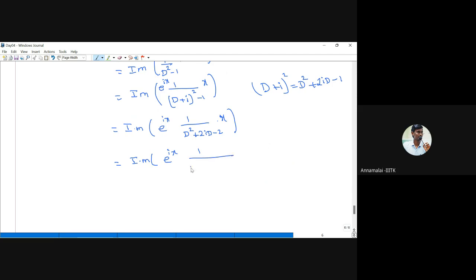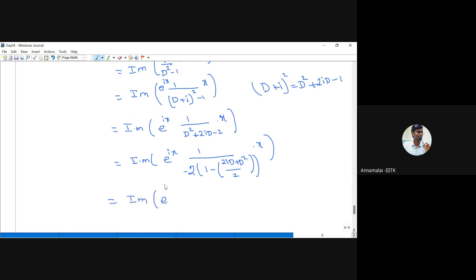If you want to take minus 2 outside, we get 1 by 1 minus (2iD plus D square) divided by 2, into x. Now this is 1 minus x something, therefore you can take the numerator and expand it as a power series.